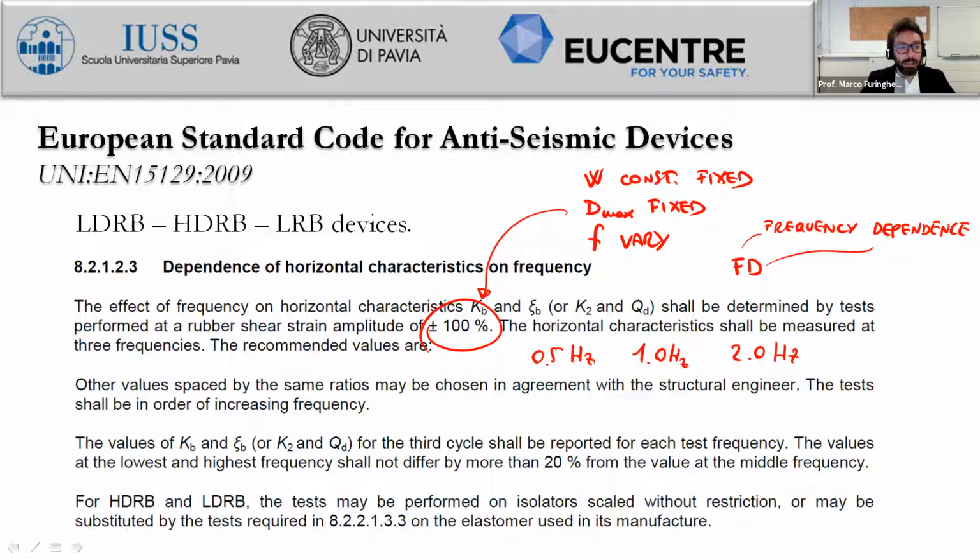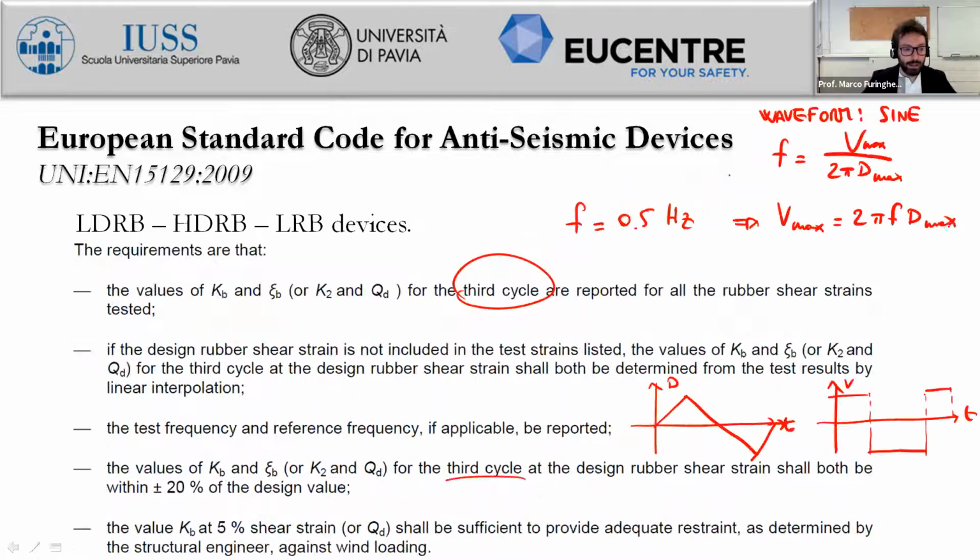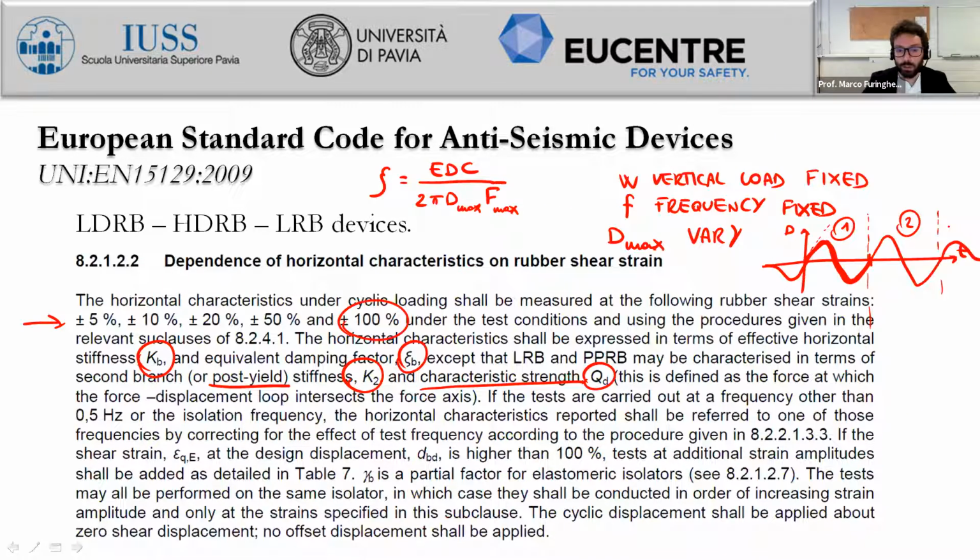And the previous ones, the dependence on the horizontal characteristics, are actually the HC, horizontal characteristics test.